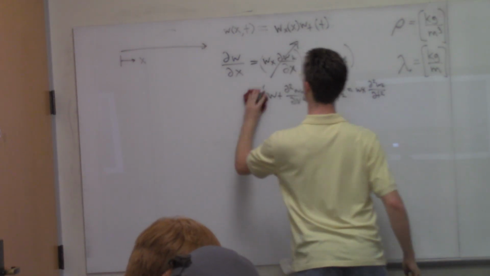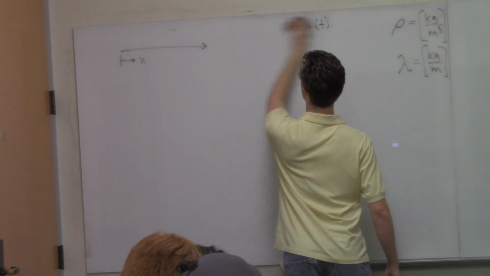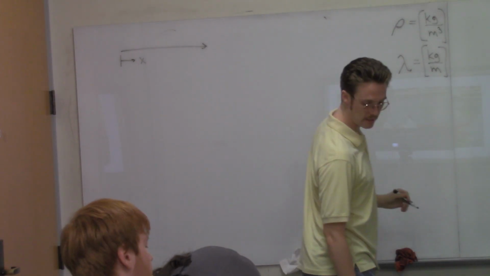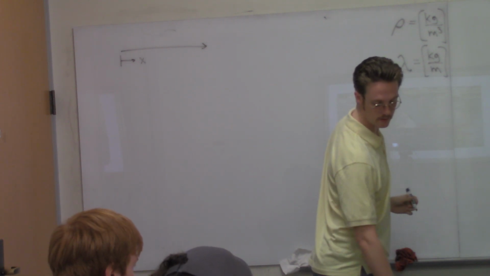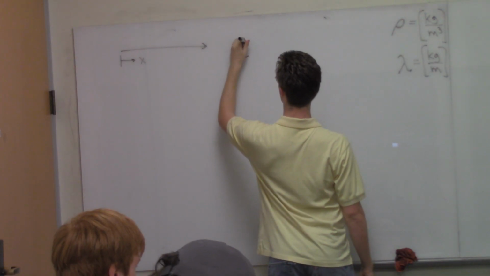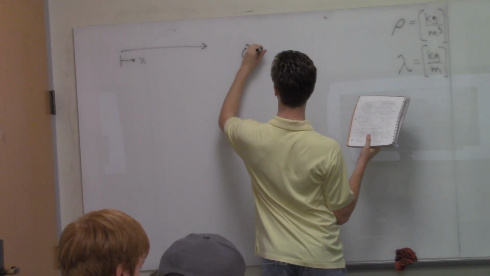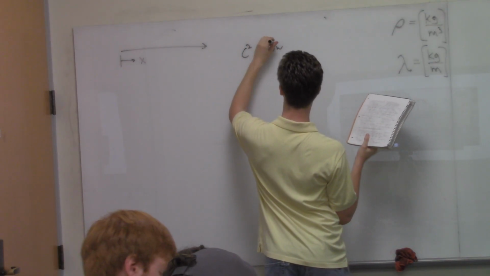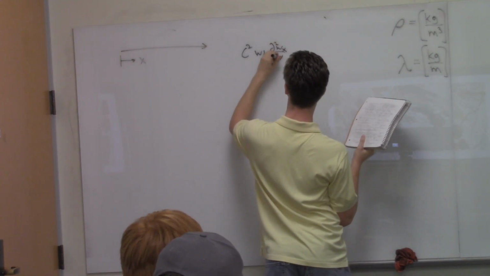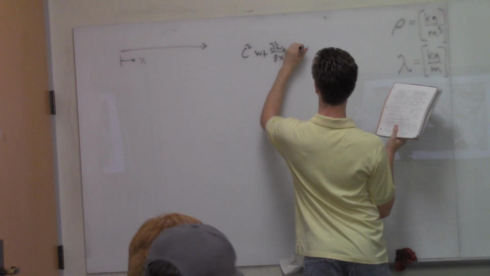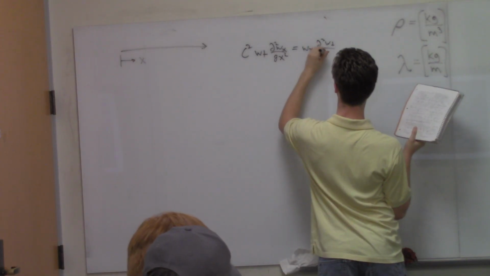So I can do some substitution into that PDE, where we have c squared Wt equals Wx squared Wt partial t squared.